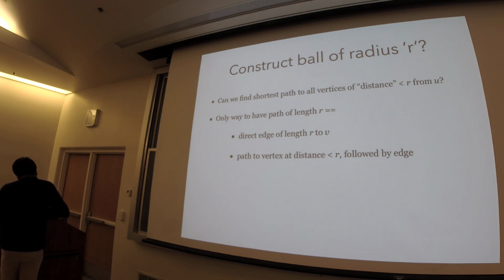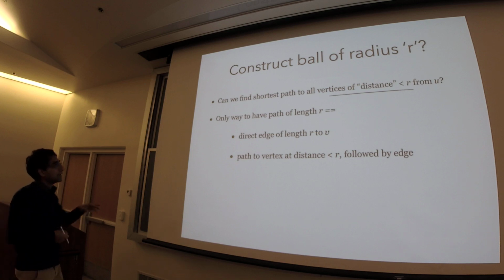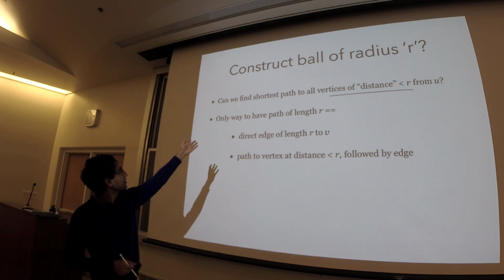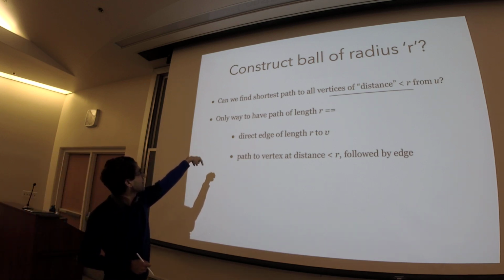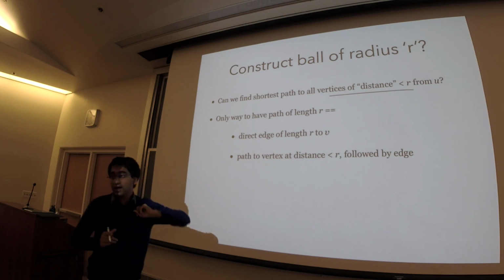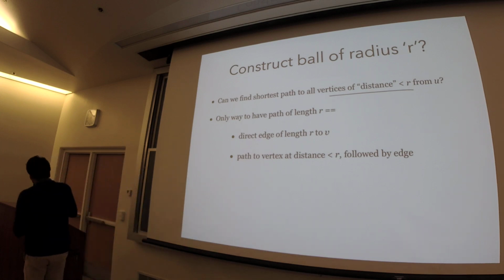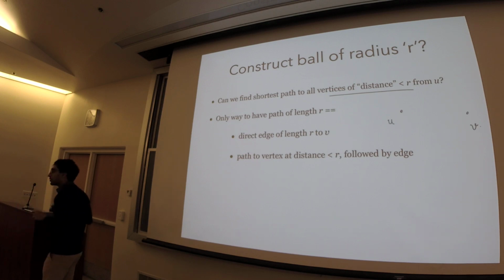So the other main observation that you've got to remember, this is also an easy observation, is how can you have a path of length r from vertex u to some vertex v?